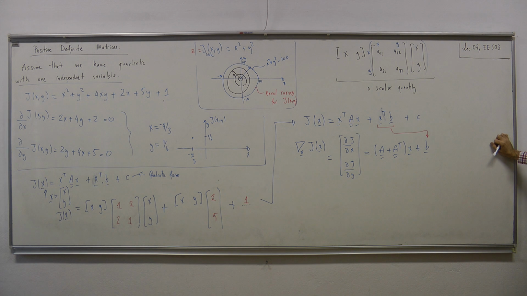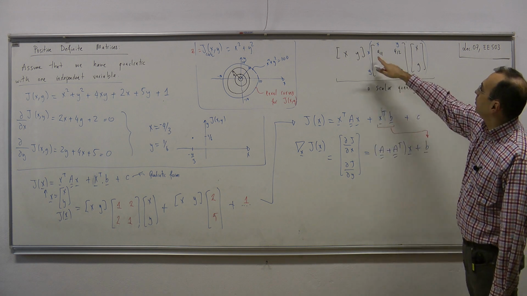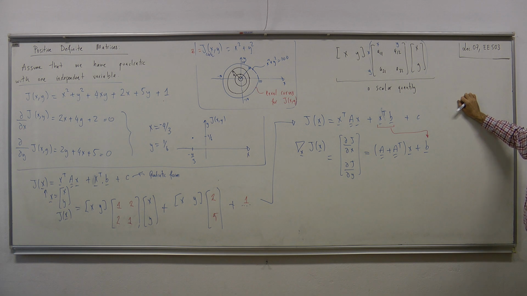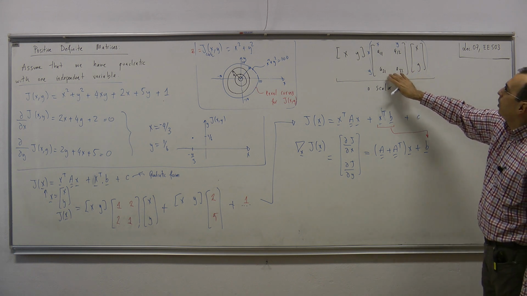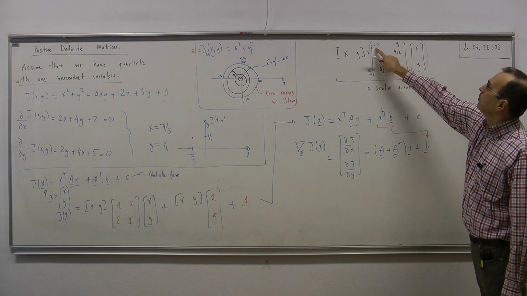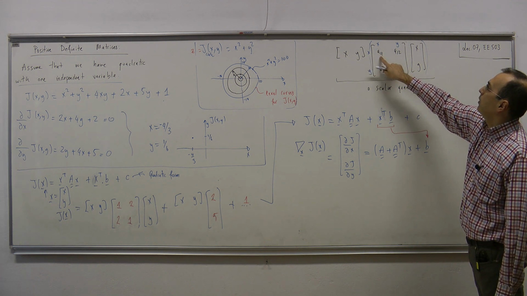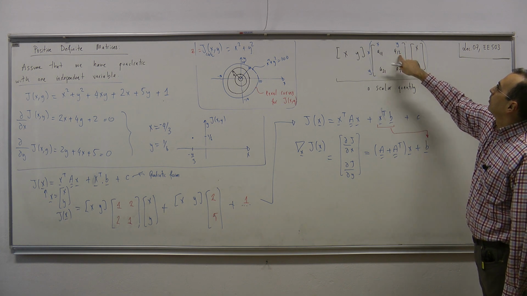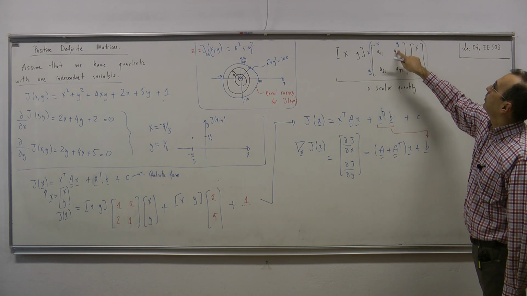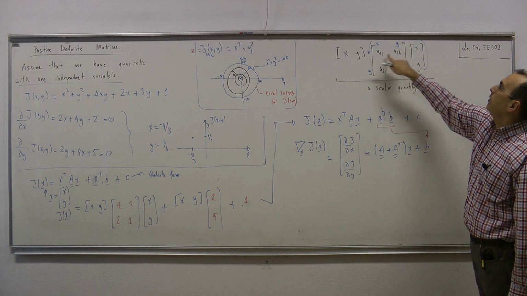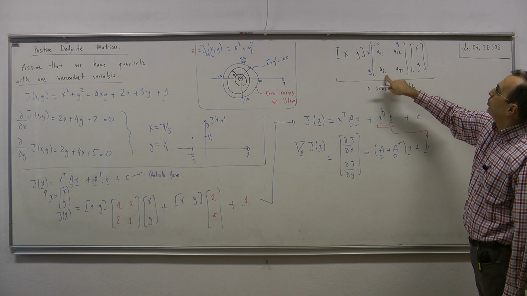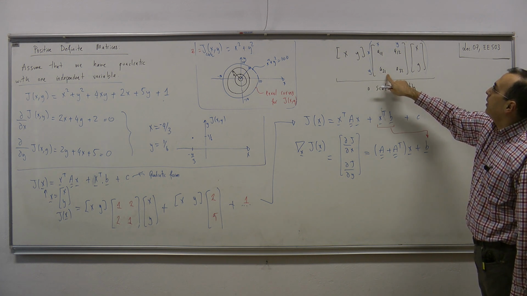So if I take the derivative of this quantity with respect to x, this term will be 2a11, and this will be a12 times y, and this will be a21 times y.